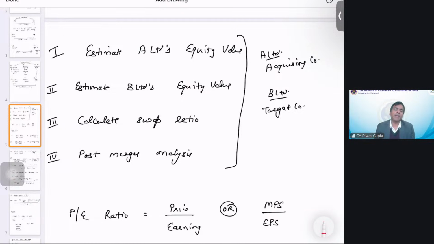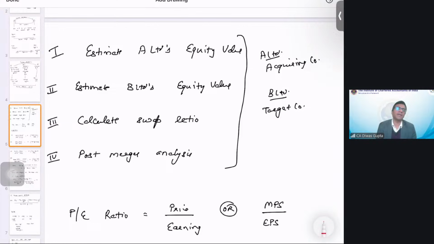At the same time, students, I would want to tell you that there are different ways to calculate a swap ratio. There is not a single way. The overarching principle we will definitely tell you with some of the examples. But if the question specifies anything specific, we will have to go for calculating the swap ratio basis that. So we'll come to the detailed discussion of swap ratio.